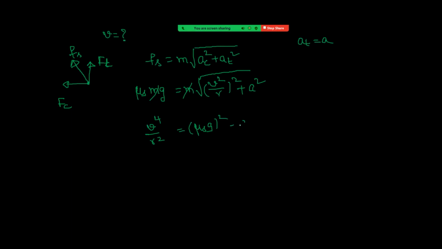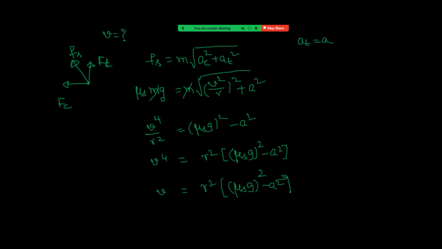It's almost the same as the previous problem. Next, v power 4 equal to r square into mu sg whole square minus a square. Therefore, the v value is r square into mu sg whole square minus a square, whole power 1 by 4.